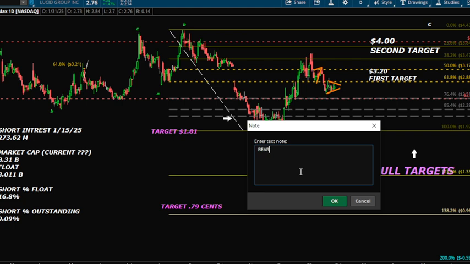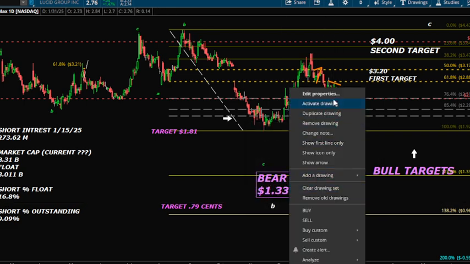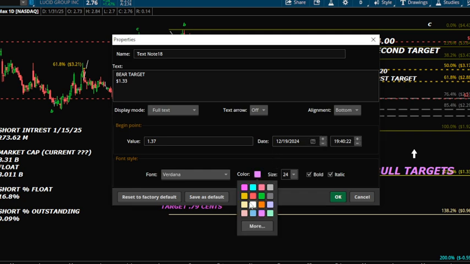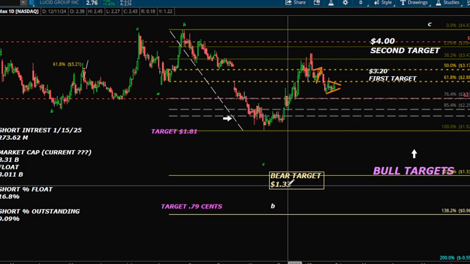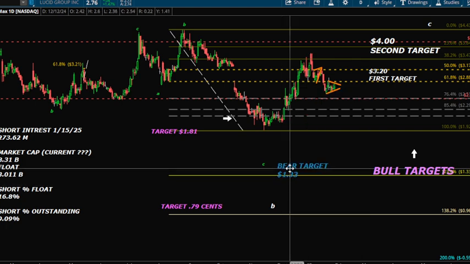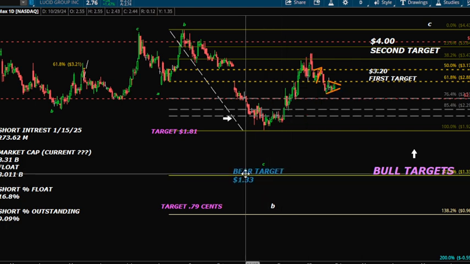So let's put a bear target of 133. Yep. Put it right there.